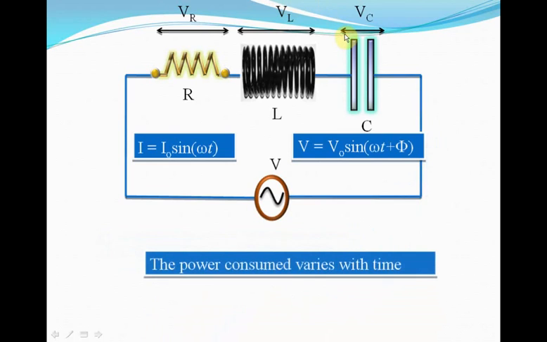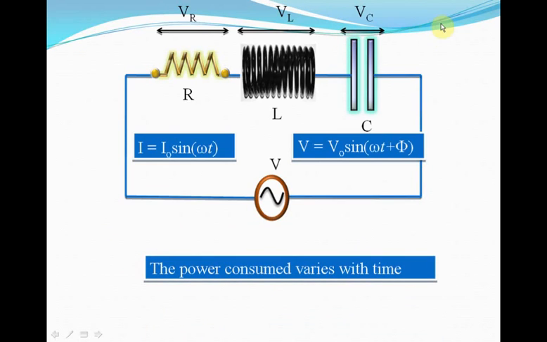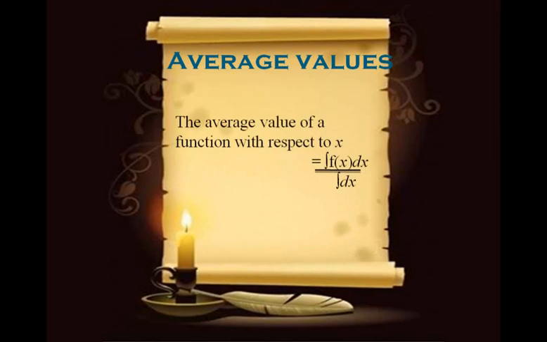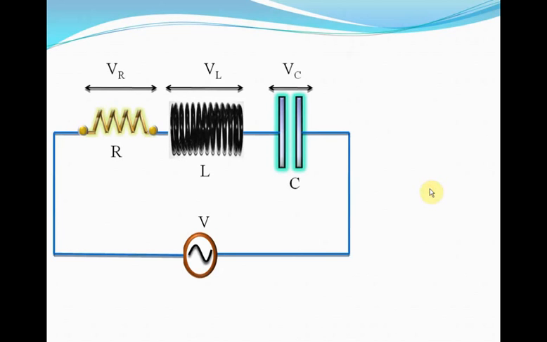The power consumed varies with time. Now to calculate the average value of the power, we again make use of the expression that the average value of a function with respect to x is integral f of x dx divided by integral dx. In this case, the average value of power is integral p of t dt divided by integral dt.